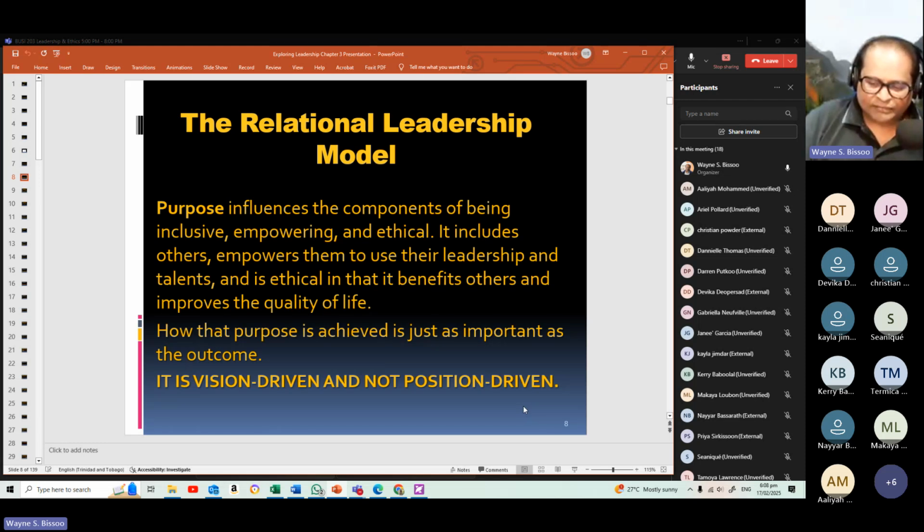Because in the absence of that individual, the organization is likely to lose traction because they no longer have that focus. If it is guided by a purpose, then it's likely to survive beyond the membership that currently exists. And how we arrive at that vision is also going to be another element.